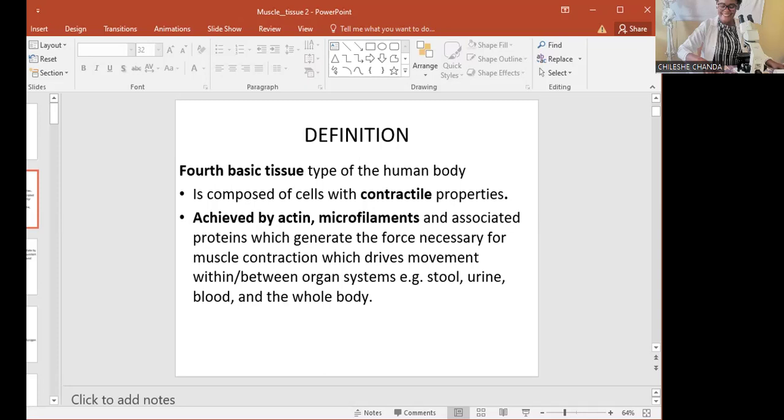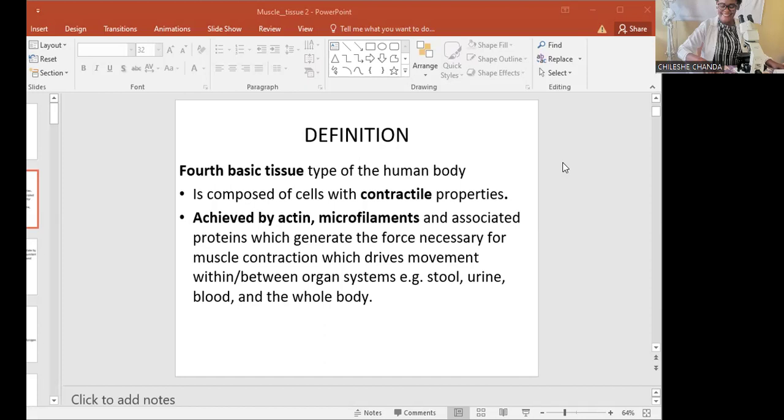The muscle tissue has microfilaments inside the cells. When we were learning the cell, I talked about the cytoskeleton, the skeleton of the cell. We talked about microtubules and microfilaments.